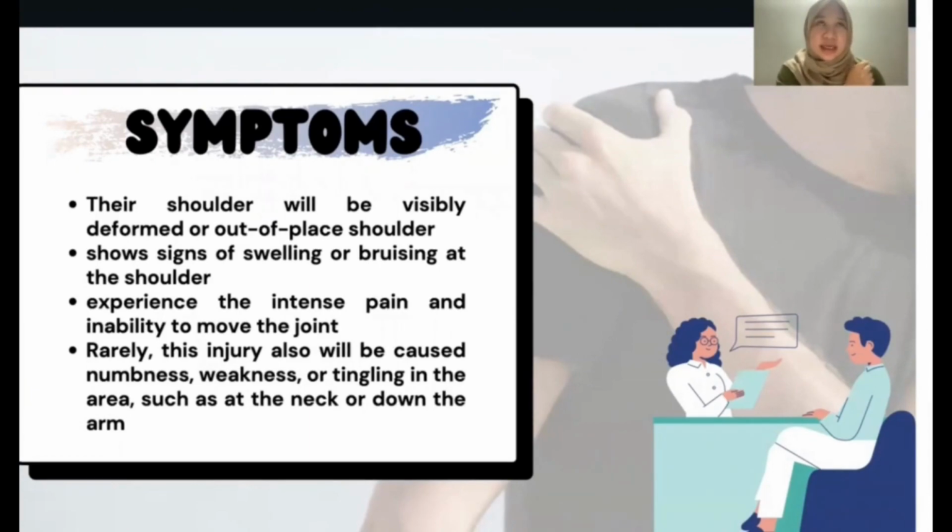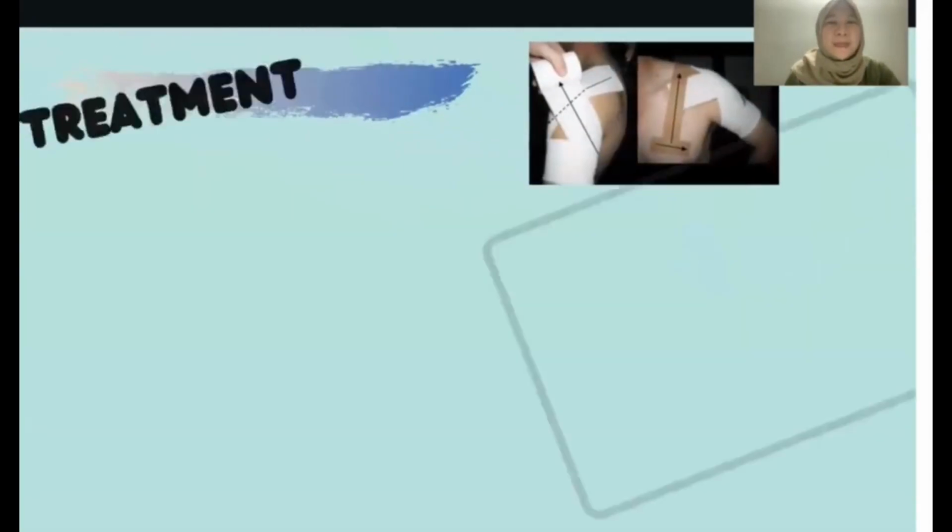You experience intense pain and inability to move the joint. You can't move your shoulder like usual. But rarely, this injury will cause numbness, weakness, or tingling in areas such as the neck or down the arm. It's very rare to see.